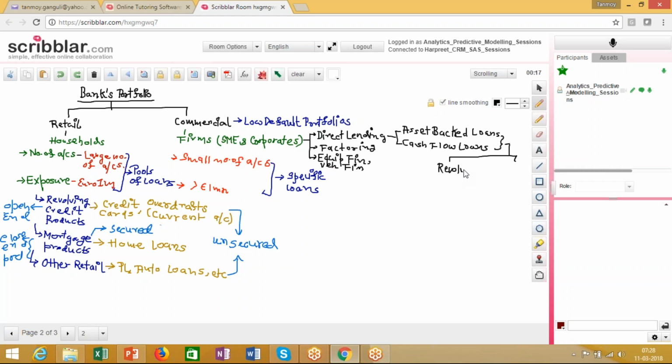Right? So there are revolving loans, or as they call it, revolvers, and term loans.